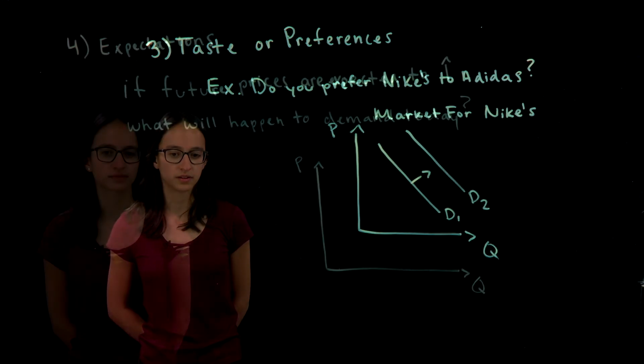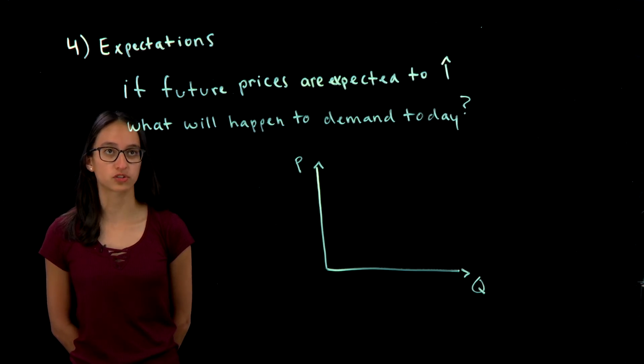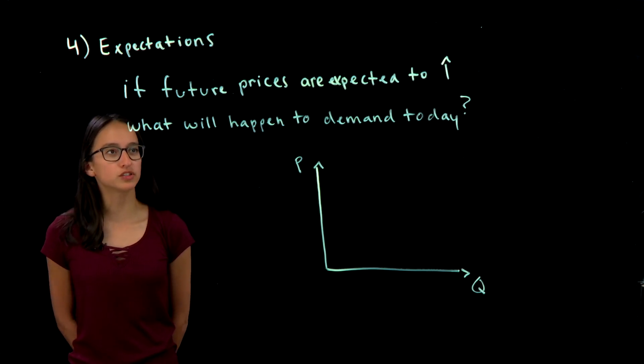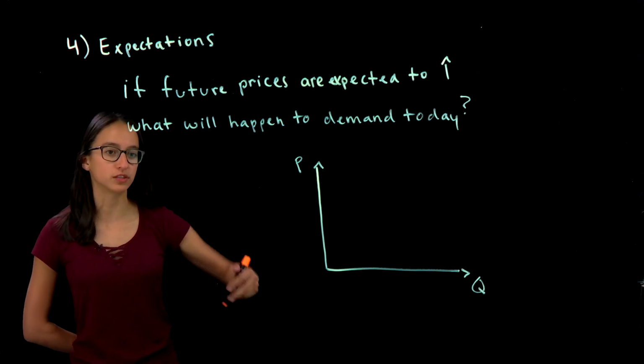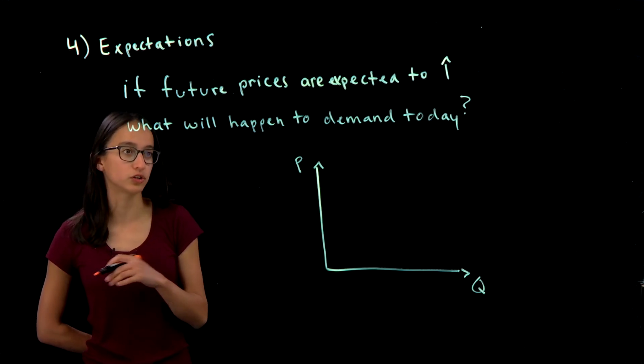Our fourth factor that shifts demand is expectations of future prices. In this example, if future prices are expected to increase, what will happen to the demand today? If we know that the price of something is going to increase in the future, you'd want to buy that today, right? Because it's cheaper today than it will be in the future.